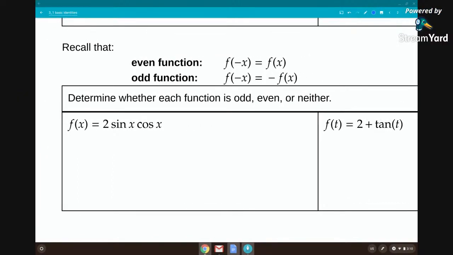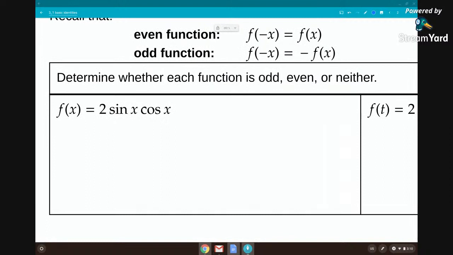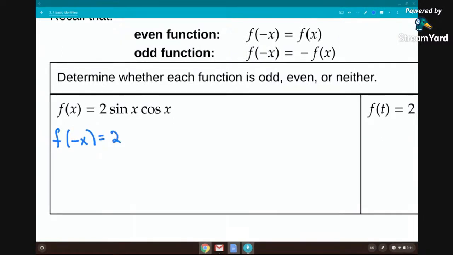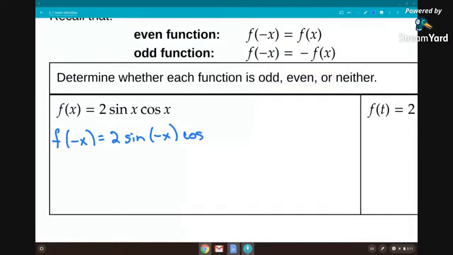Recalling that the test just requires us to input negative x and simplify. So we'll input negative x, meaning just replace every x with negative x. Simplify each expression.